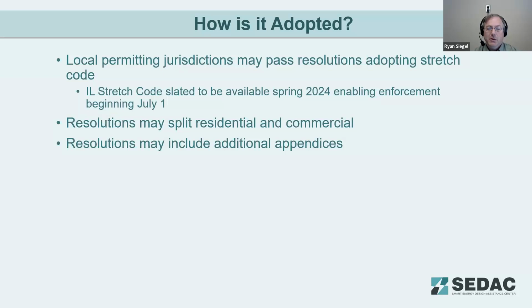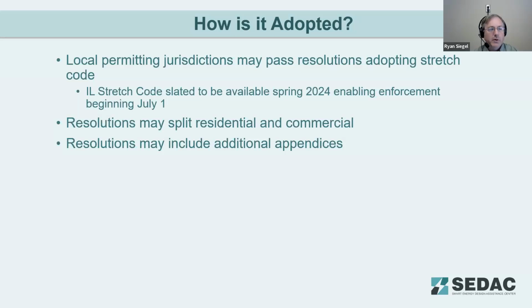So you can either have all stretch code, all base code, or residential one and commercial the other. Additionally, the stretch code does have a couple of appendices. As part of passing a resolution, a local permitting jurisdiction may elect to incorporate those appendices.